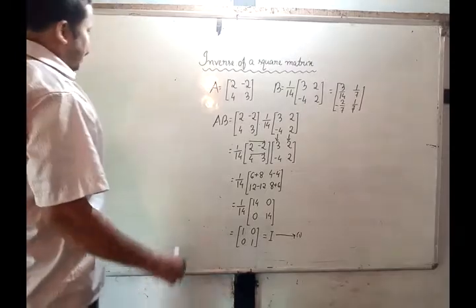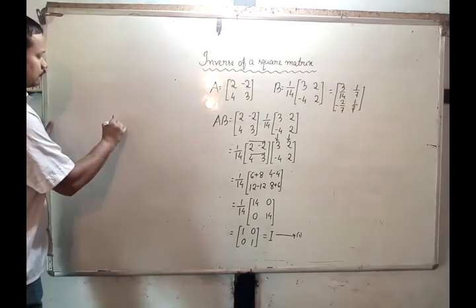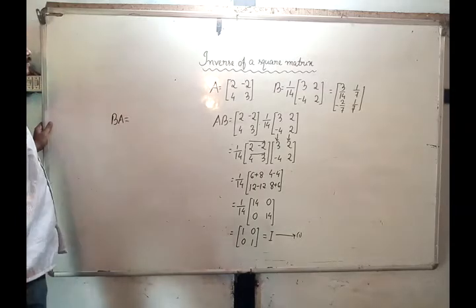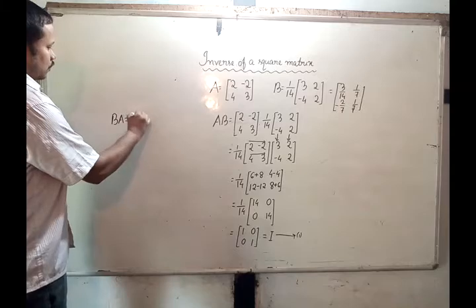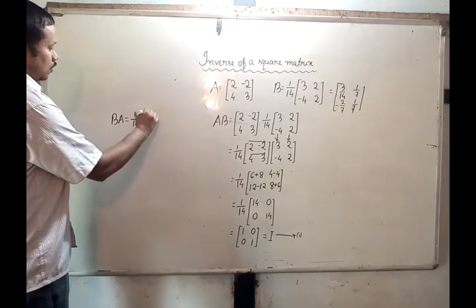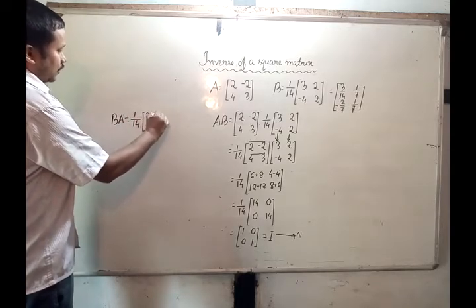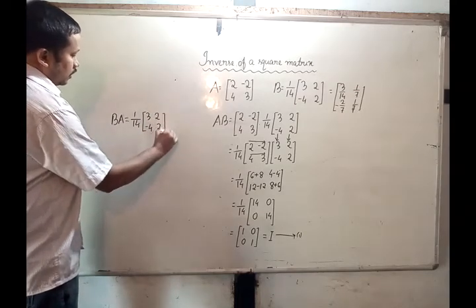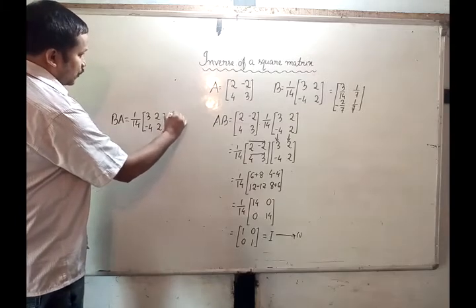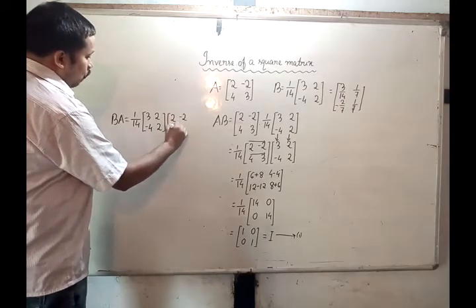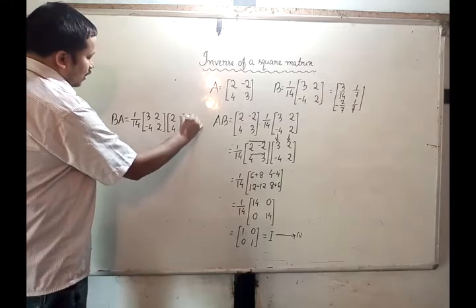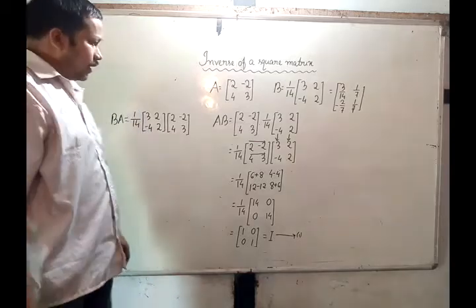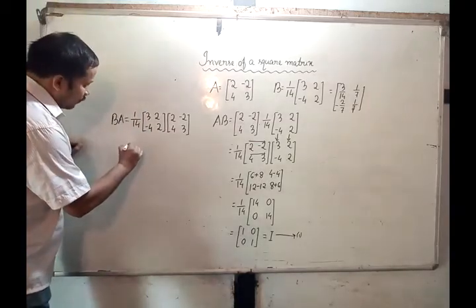Now coming to BA. BA is equal to 1 by 14 into 3, 2, minus 4, 2 into the second matrix A, 2, minus 2, 4, 3.